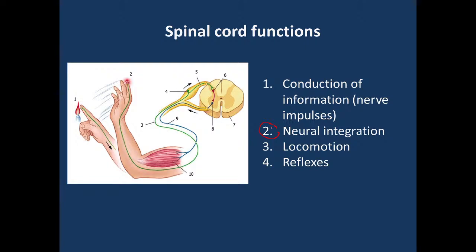For example, the spinal cord integrates stretch signals from a full bladder with cerebral input concerning the appropriate time and place to urinate. I hope you understand what I mean.